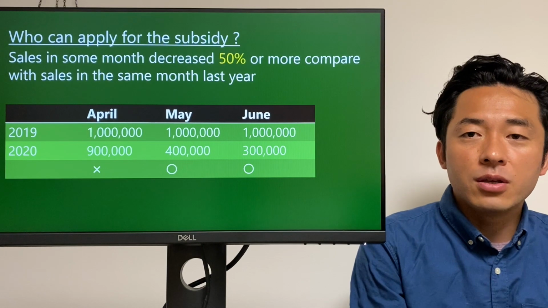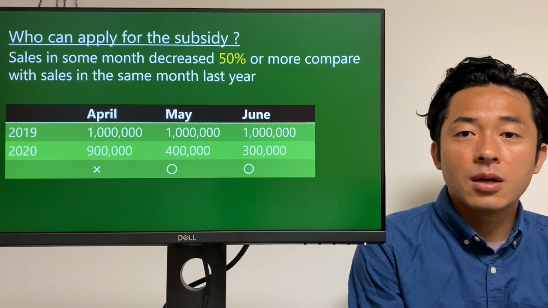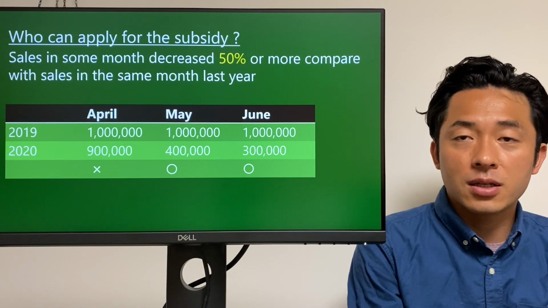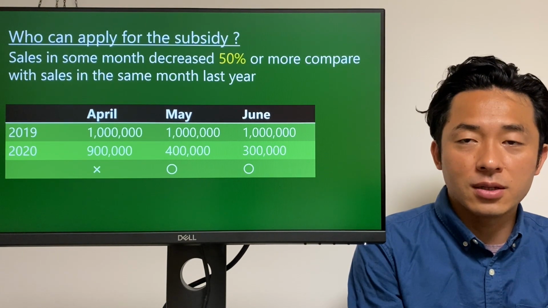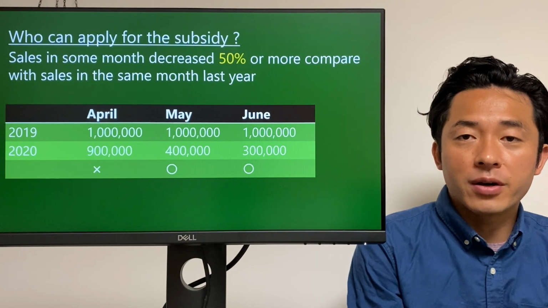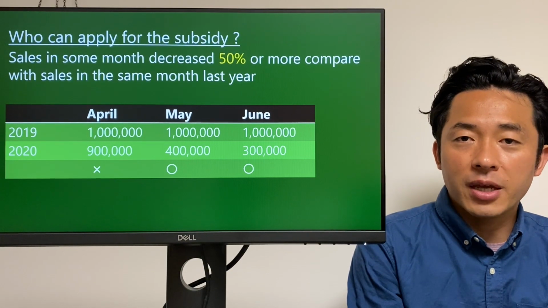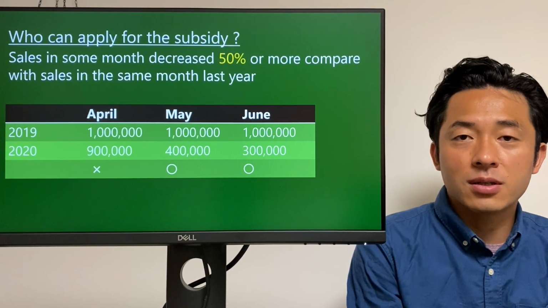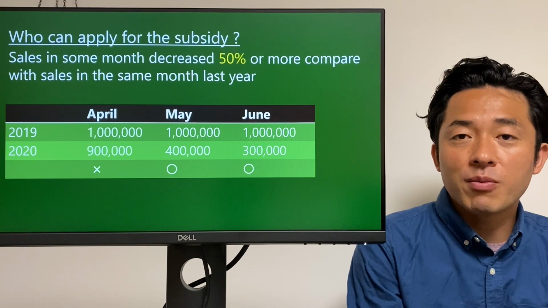So you can apply for the subsidies by picking up the sales data in May and June 2020. The important point here is you are comparing the sales not based on the average, but you're comparing the sales of single months with the sales of the same month in 2019.